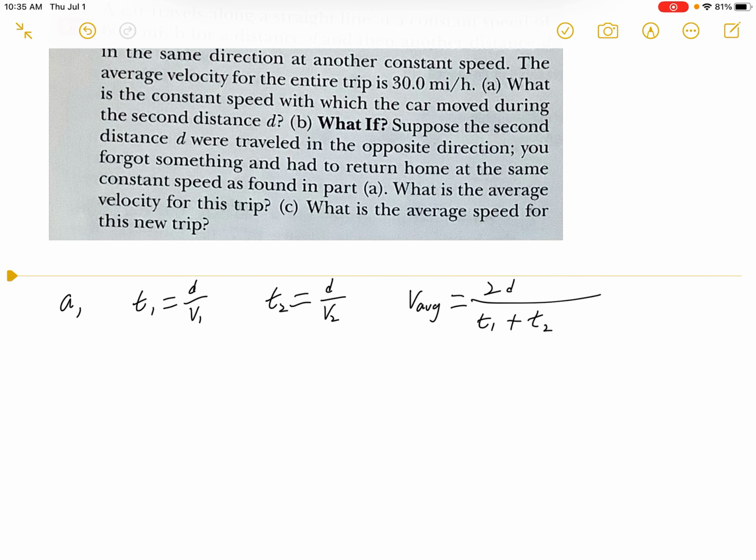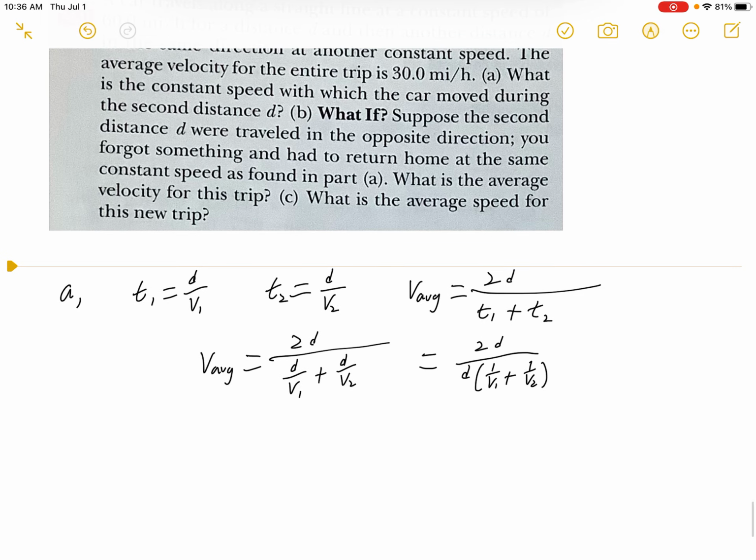And we substitute in, we will get v average equals 2d over d over v1 plus d over v2. And we can simplify this. We will have 2d equals d times 1 over v1 plus 1 over v2.